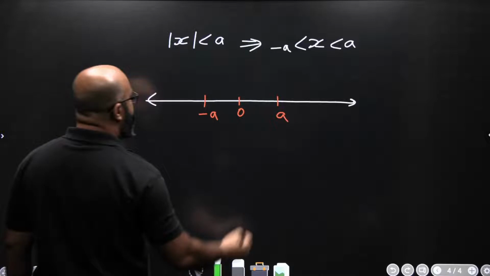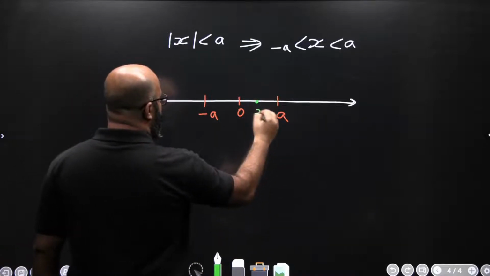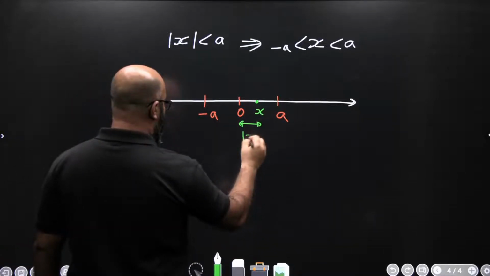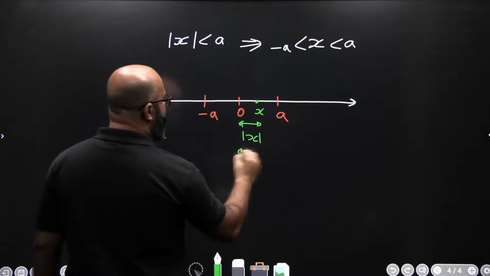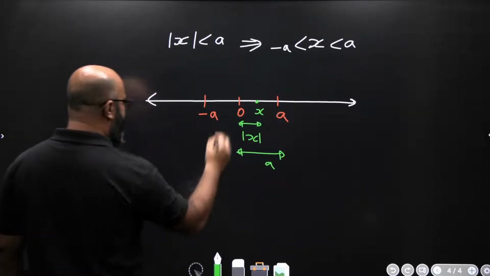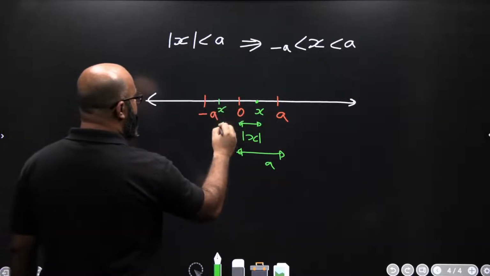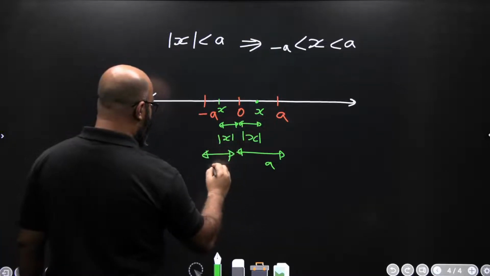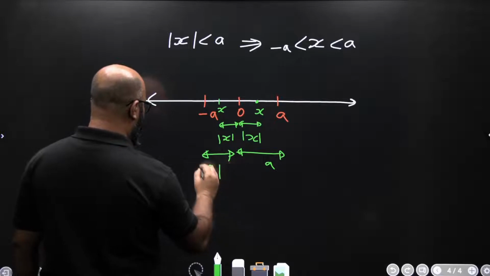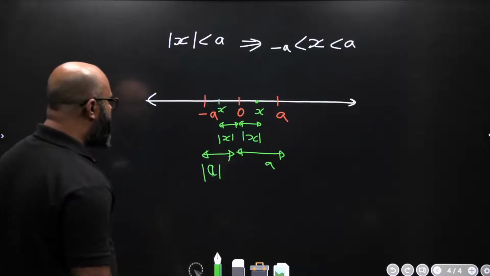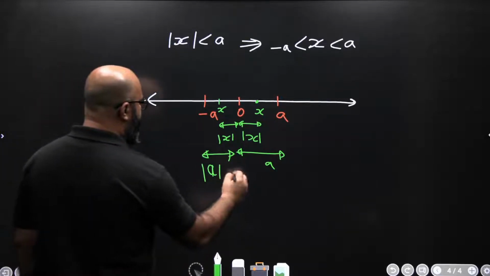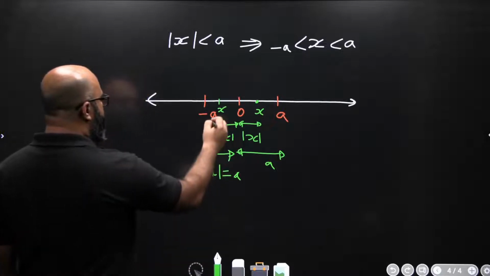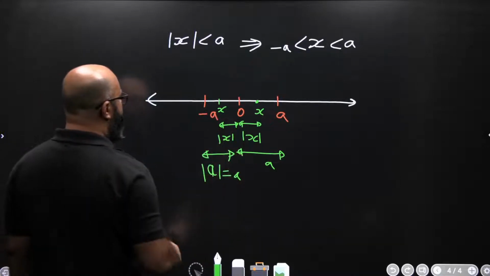Now, if we take x here, then this distance is mod x, which is less than the distance a. If we take x here, then this distance is also mod x, and this is less than this distance, mod of a, or we say a. Mod of a is the same as a over here. So, the distance here is a actually.